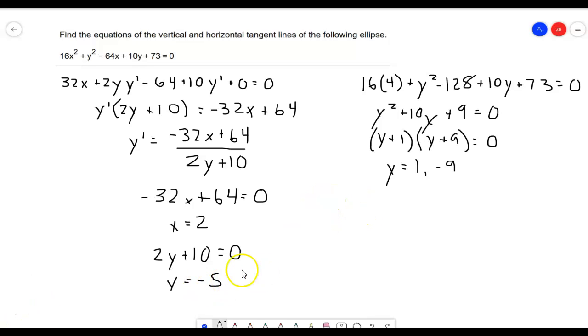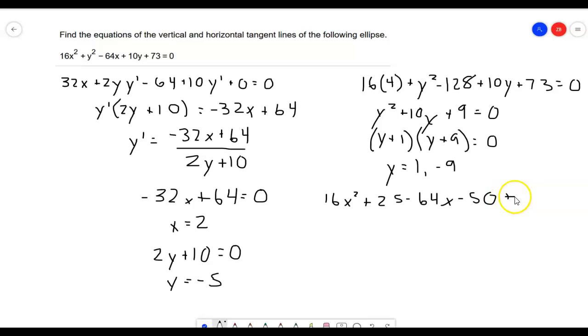Alright, now let's do the same thing. So now we're substituting y is equal to -5. So we're going to get 16x squared plus -5 squared, which is 25, minus 64x, and actually that's going to be a minus 50. Let me substitute in that -5 there.